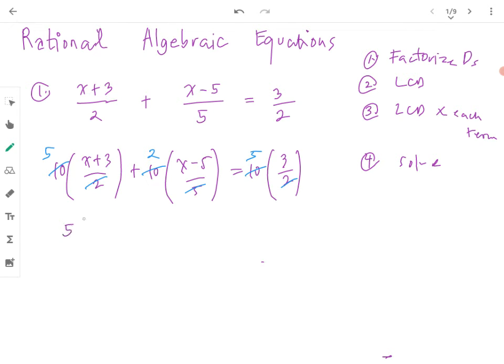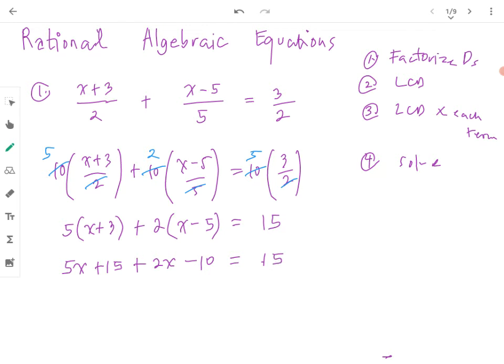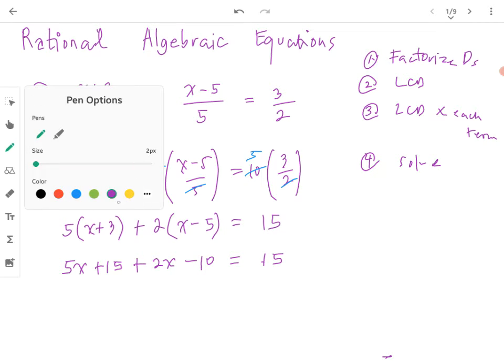We have 5 times x plus 3, then 2 times x minus 5, then we have 15. So here we have 5x plus 15 plus 2x minus 10 equals 15. Notice that we can actually cancel the 15 from the left side.